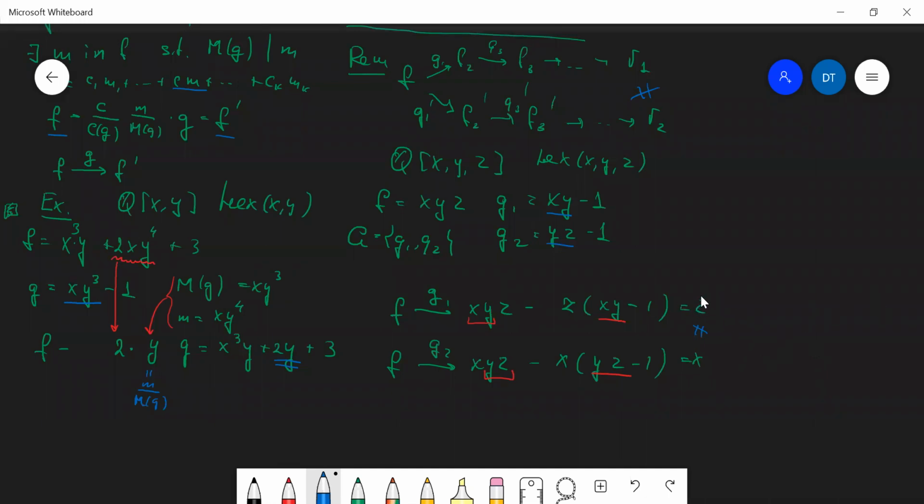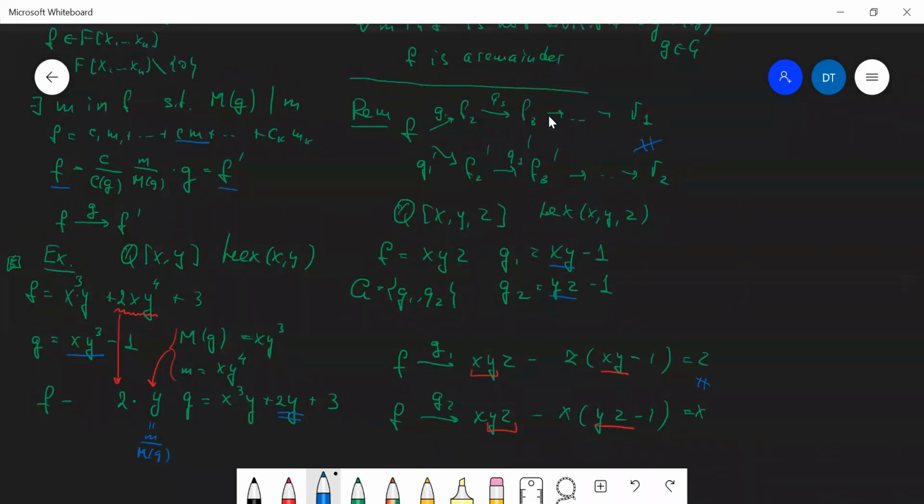But here, on the first step, we get a remainder z. Similarly, reducing by g2, we get a different remainder, which is x. It's clear that x and z are two different variables. So it's possible that two different reduction procedures lead to two different remainders. This is the main example of how it happens.